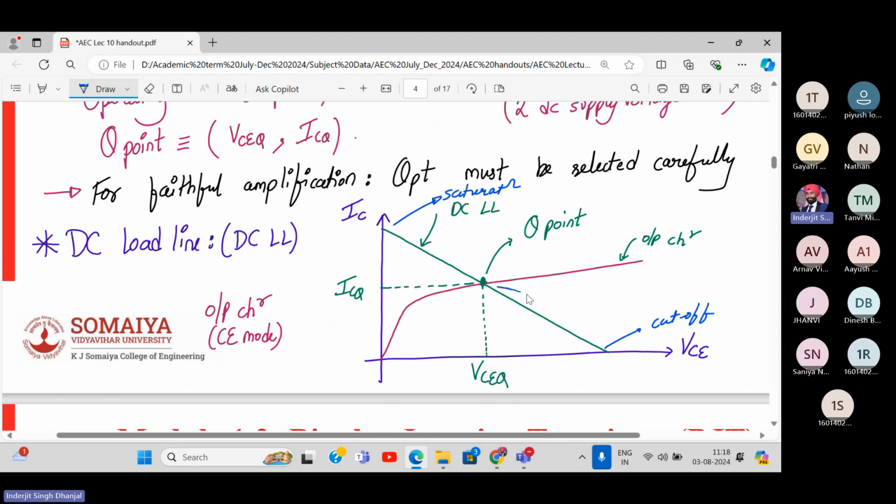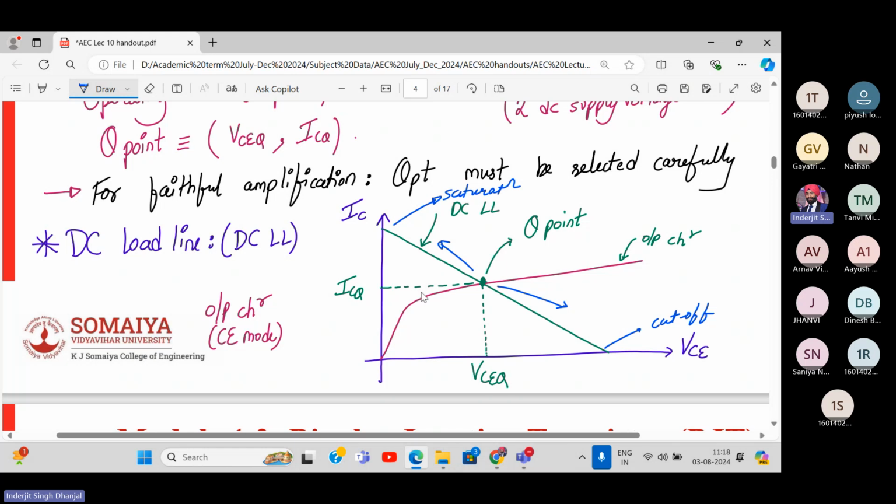So if the Q point shifts down, the transistor will operate near the cutoff region, which we don't want. And if the Q point shifts above, it will be near the saturation region. We don't want either. We want it to be in the forward active region. So the forward active region will be this portion, mostly in between. You know, in the graph, where the forward active region is, right?